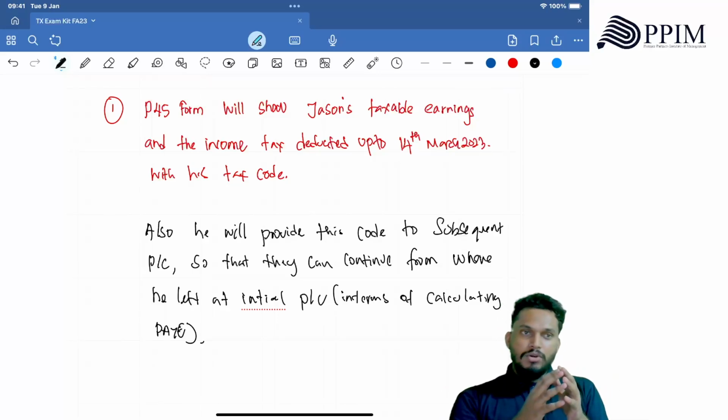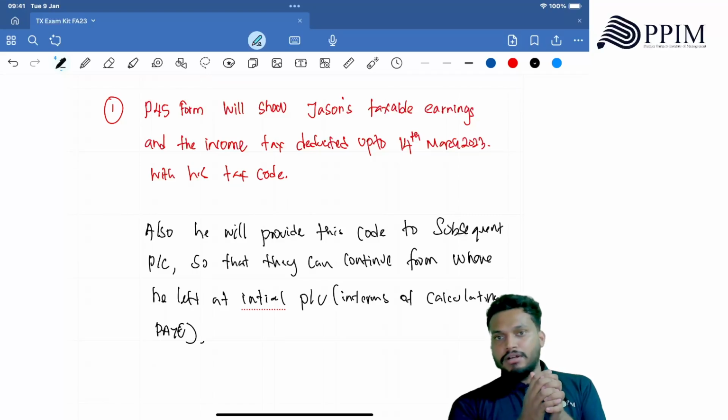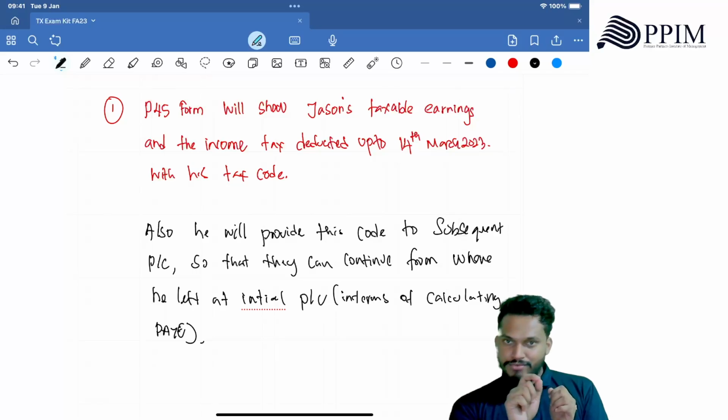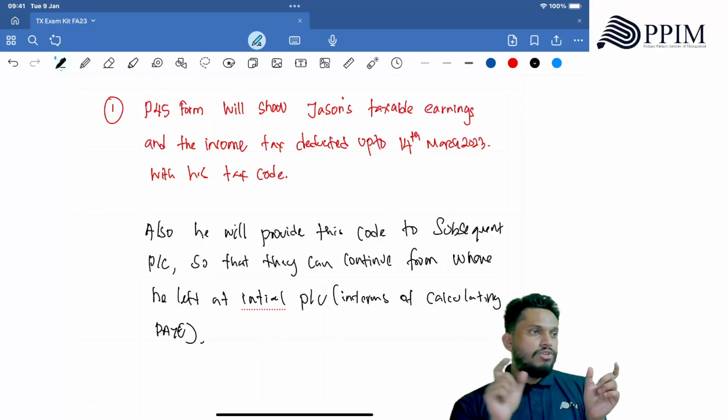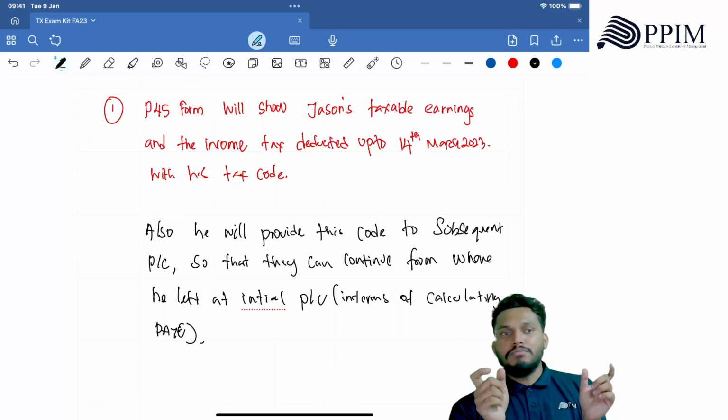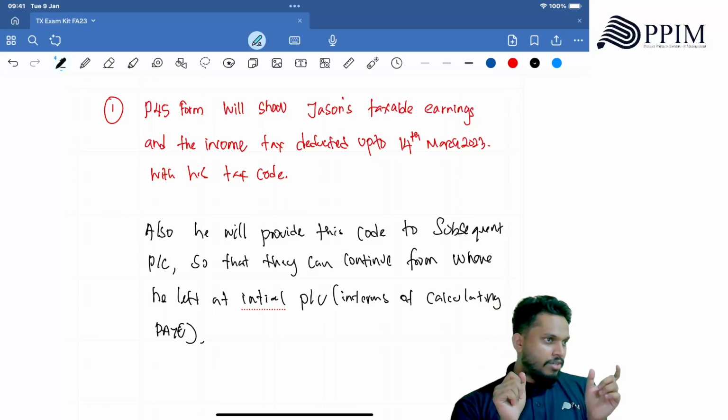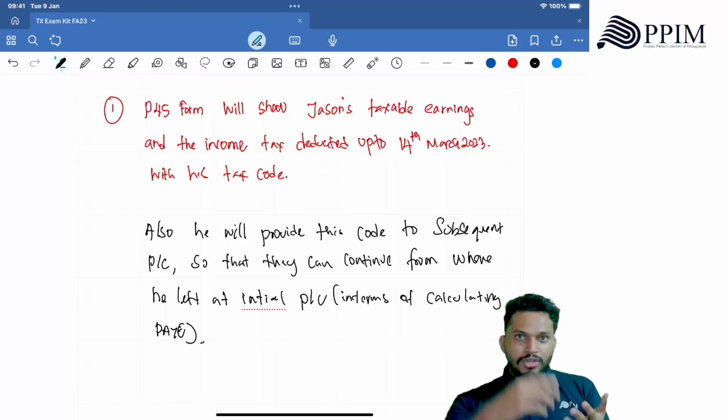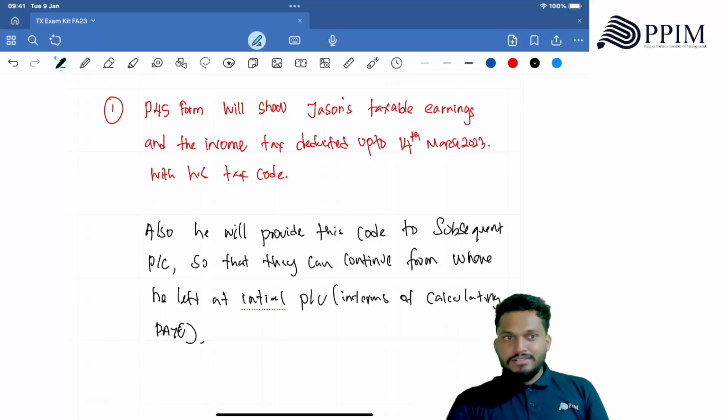The payroll will be automatically linked with HMRC. In HMRC there is a form called P45, and in the P45 form you will get a code. In Australia you call it a TFN, tax file number; here you call it a code. Once you type this code, you get all your details in your tax portal.